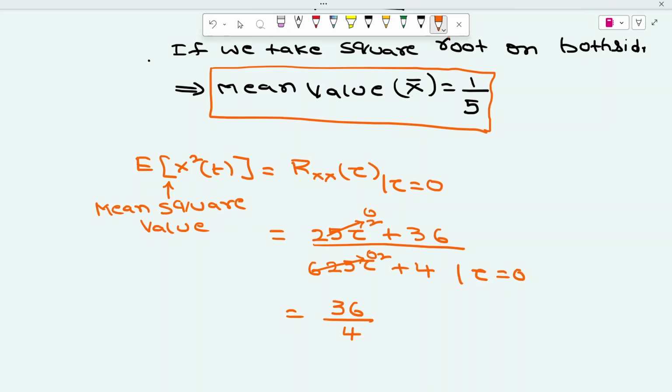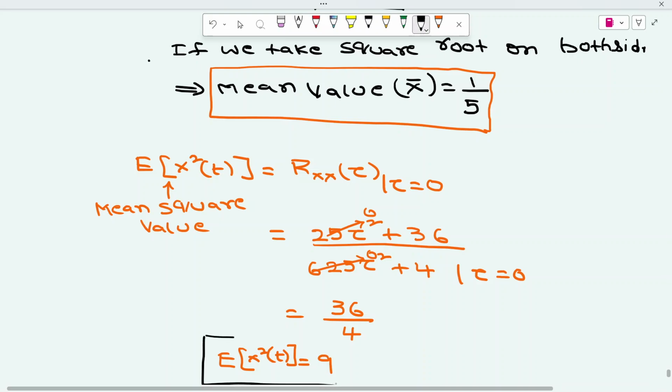So 36 by 4 is 9. So the mean square value, expectation of x square of t, is 9.